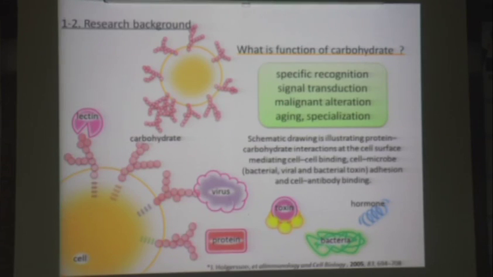In particular, the proteins termed lectins are the partners which bind to specific carbohydrate structures. The lectin usually has multi-binding sites on the surface, and cluster-type glycosides are used as an attractive biomolecule. The next slide will show you the glycocluster effect.